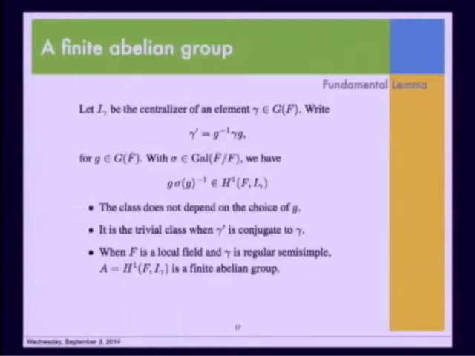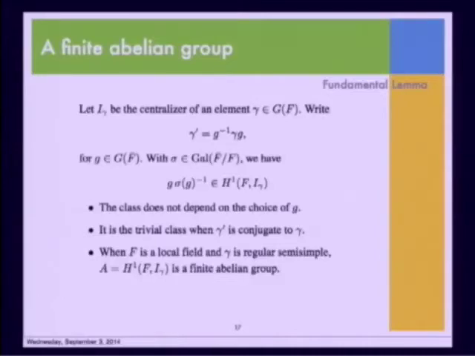If you look, there's a little finite abelian group that governs the set of conjugacy classes inside a stable conjugacy class. Since you're going up to an algebraic closure, you have a Galois group of the algebraic closure over the field. And if you take the element that conjugates one to the other, you can take this expression g times sigma of g inverse, where g is the element that conjugates one element to the other, and sigma is an element of the Galois group.